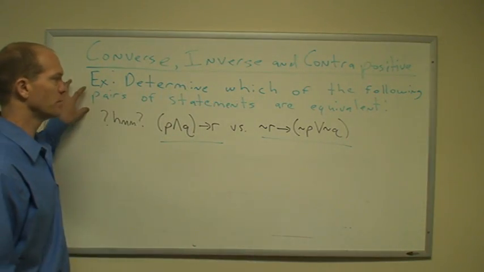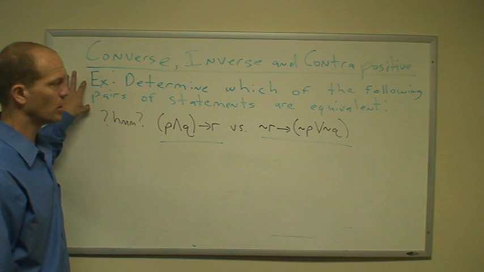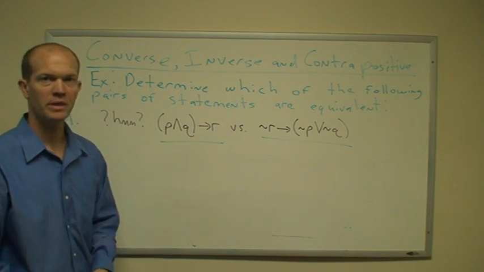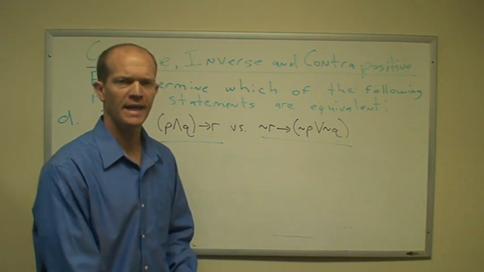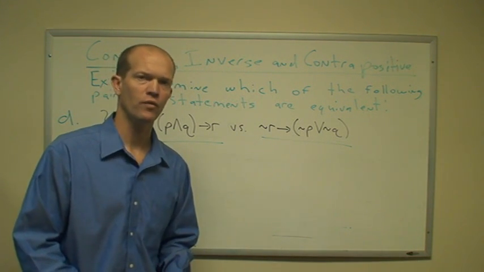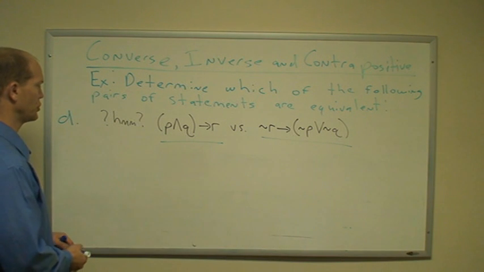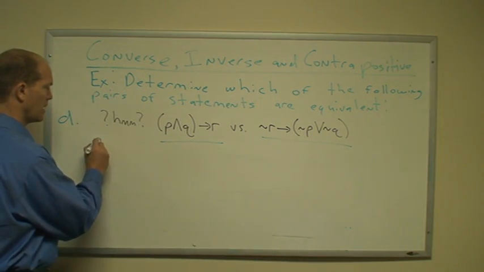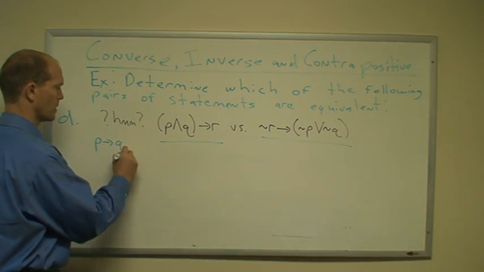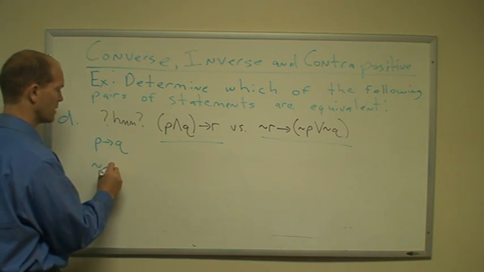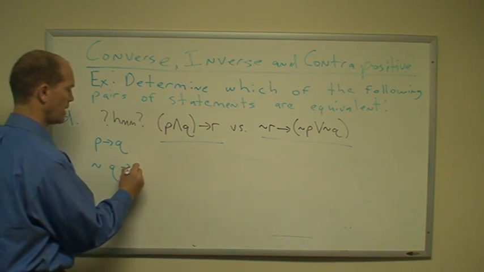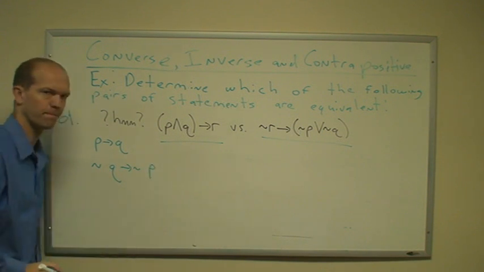Since our goal is to determine if these are equivalent, and these are conditionals, we really want to determine if this is a contrapositive relationship. To add some clarity, let's review the contrapositive relationship. Again, it was structured as if P then Q is equivalent to if not Q then not P.